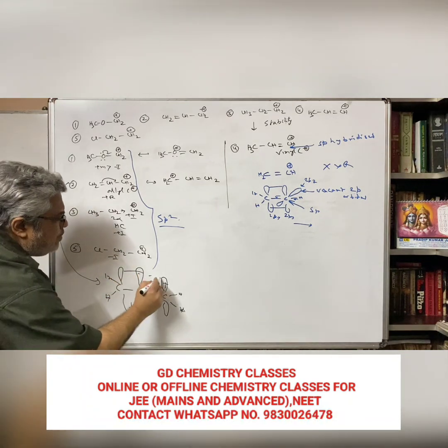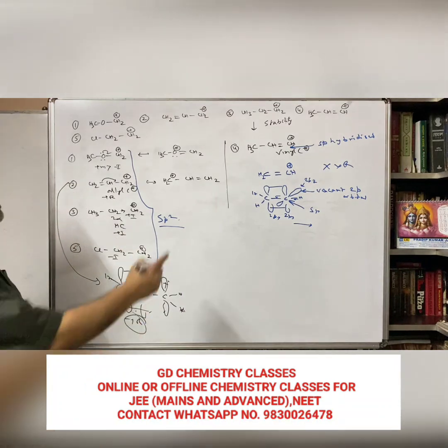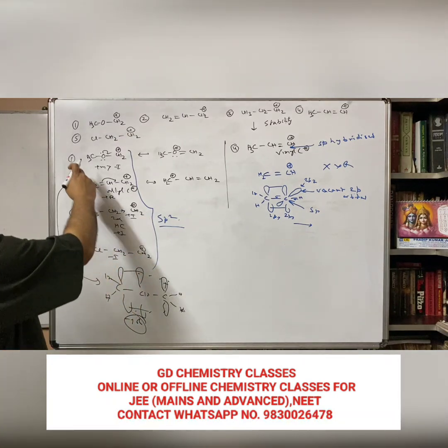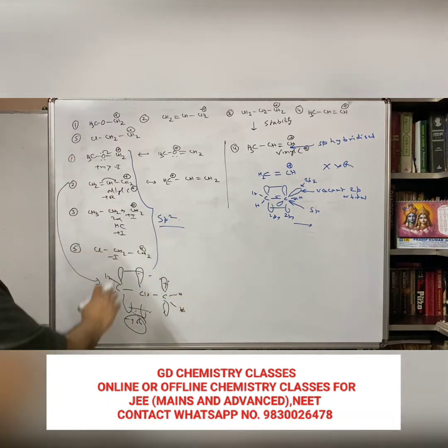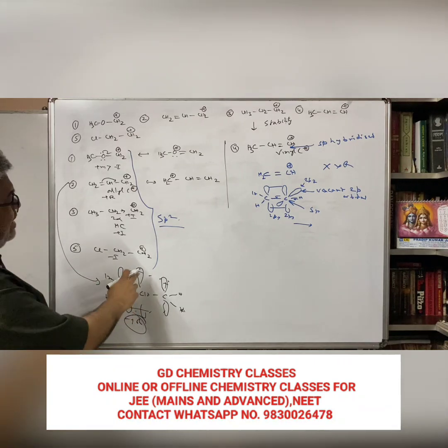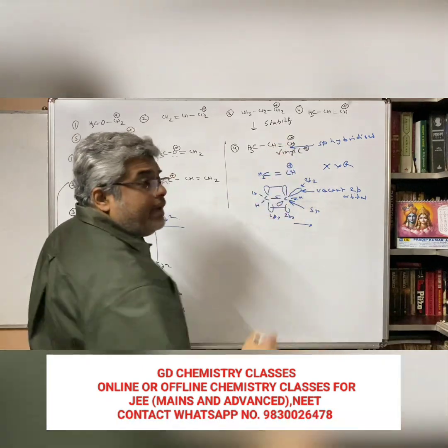So this pi bond simply overlaps with it, and there is simple resonance, but here resonance stabilization is not possible. So up till 1, 2, 3, there is always a stabilizing effect. Then 5 is getting destabilized to some extent, but still it is sp2 hybridized. But here, this carbon atom is sp hybridized.